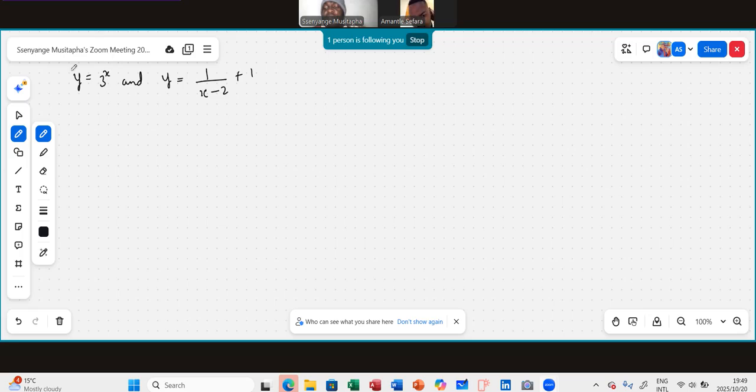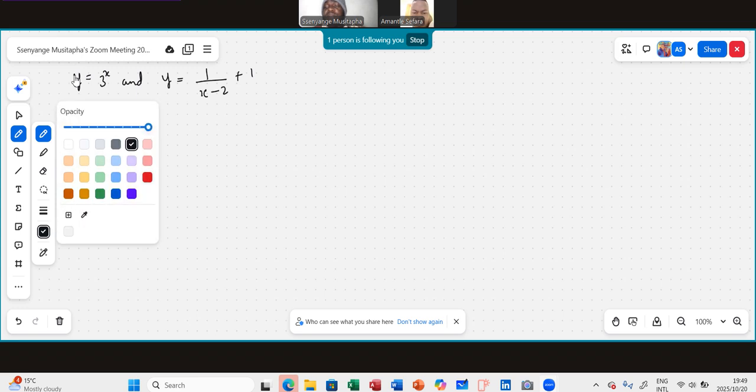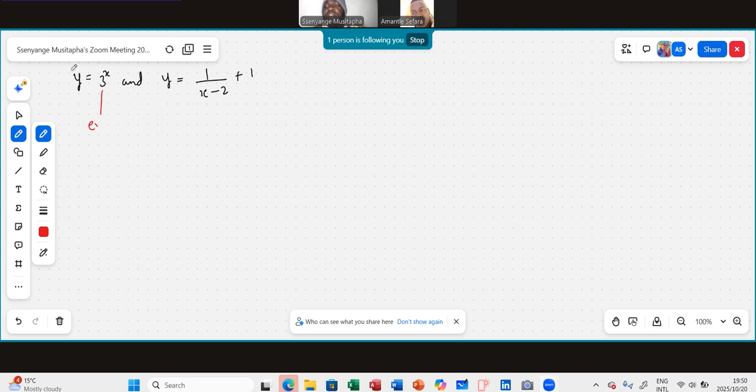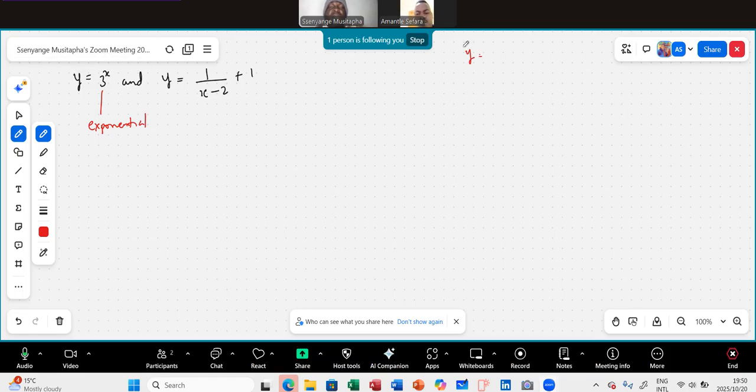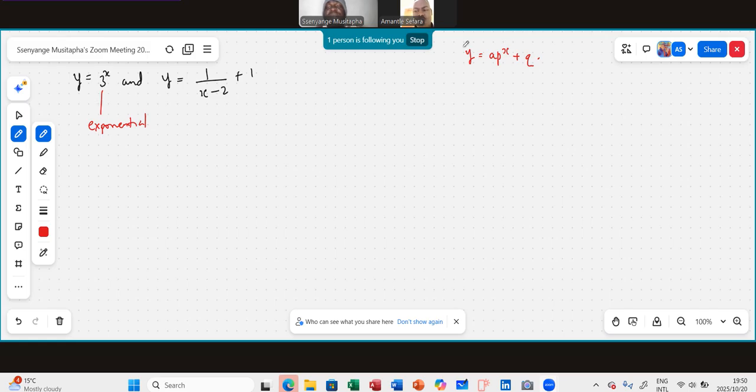Just like I told you, you first of all need to realize which kind of graphs these are. Y equals 3 to the power x is an exponential graph, with horizontal asymptote y equals 0, because it is in the form y equals a times p to the power x plus q, so our q is 0.